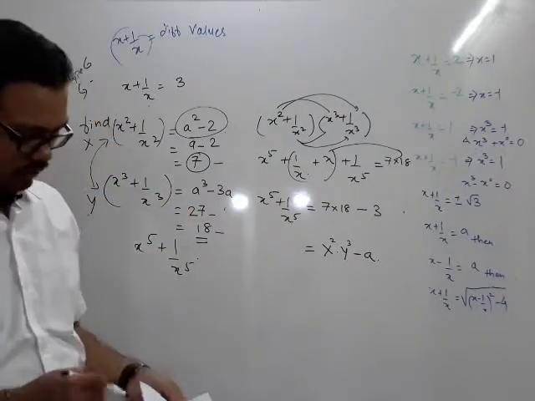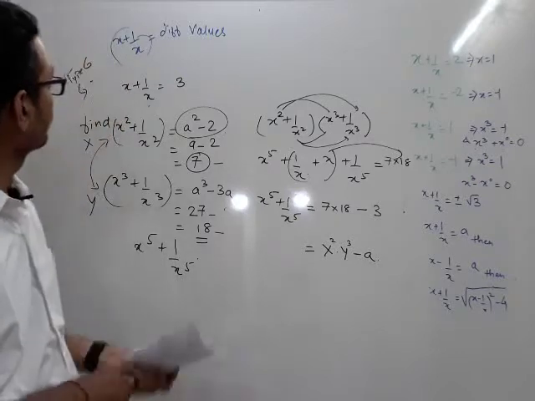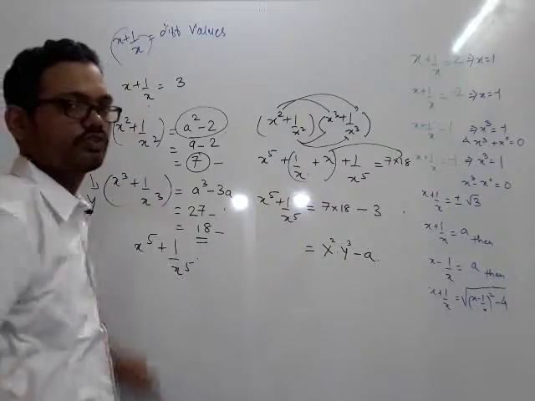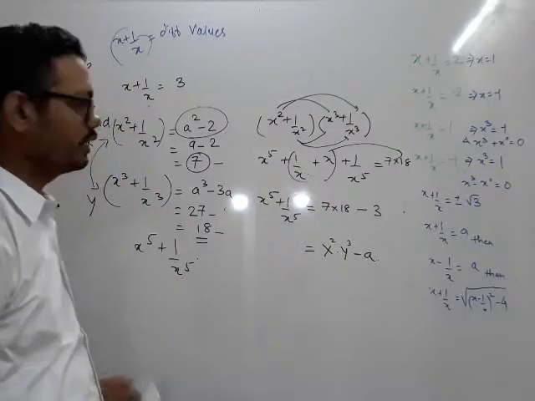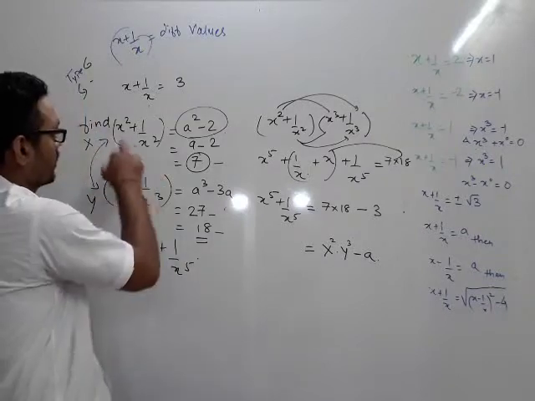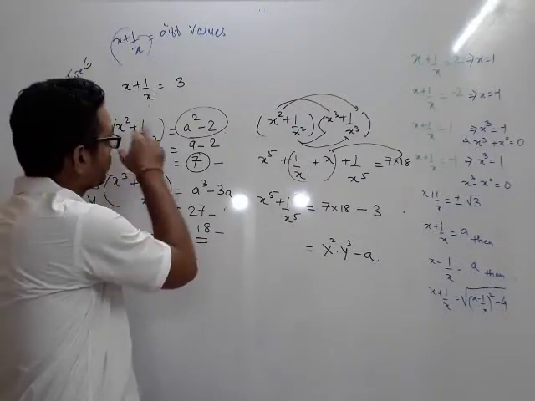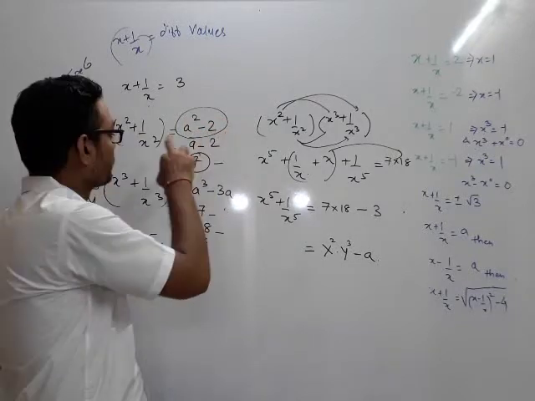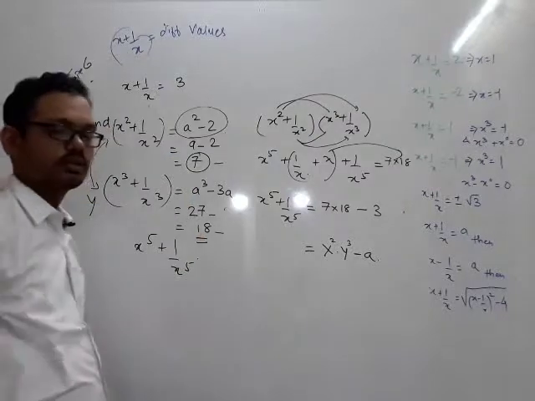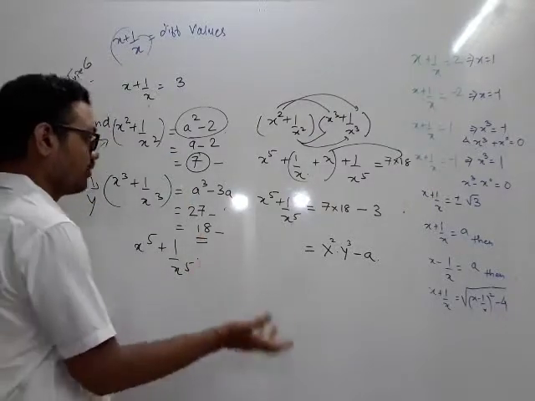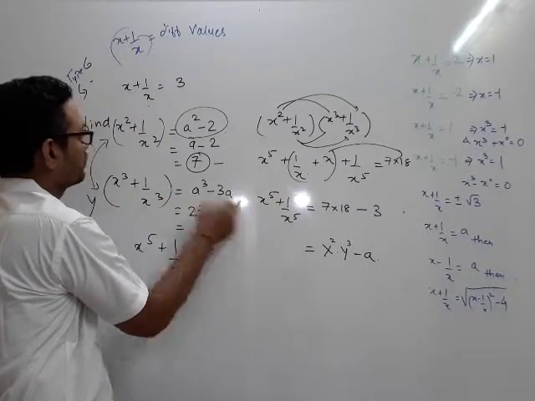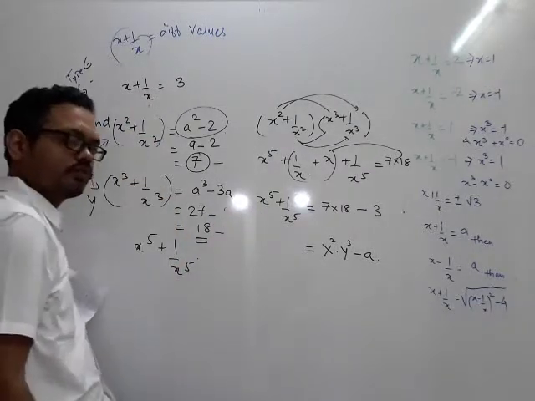Now let's say if they have asked in the examination, directly asked x raised to 5 plus 1 by x raised to 5. Any person who is not aware of this would first expand this using the square formula. After that he would generalize the statement, and then substitute the values. What you have to do is, you know that x raised to 5 is nothing else but a multiplication of x square plus x cube.